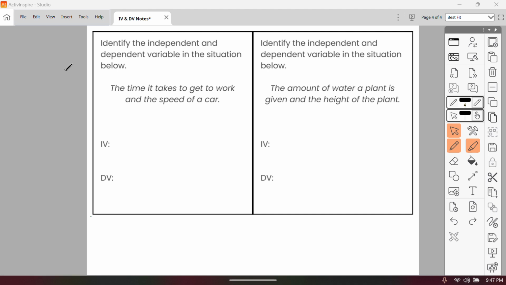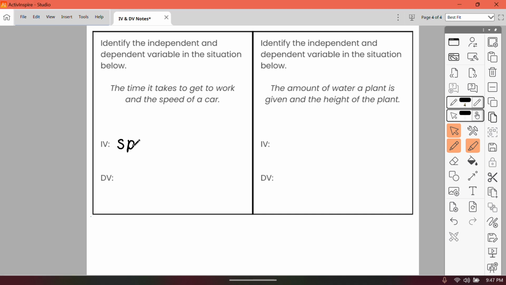What is the thing that I am changing? Can I change time or can I change the speed of my car? Unless you are some kind of magical wizard, the answer is I can change the speed of the car. So the speed is the independent variable.